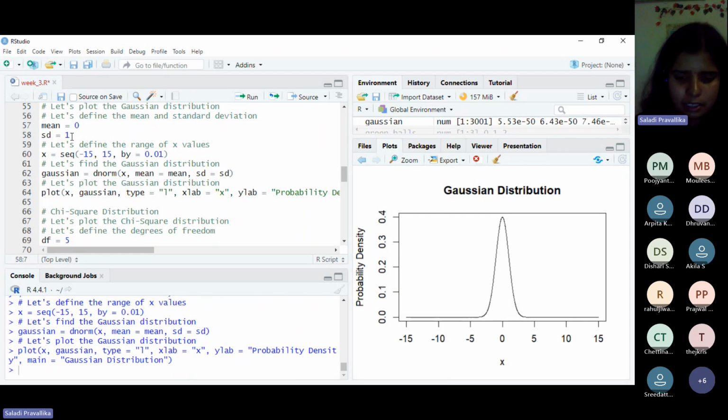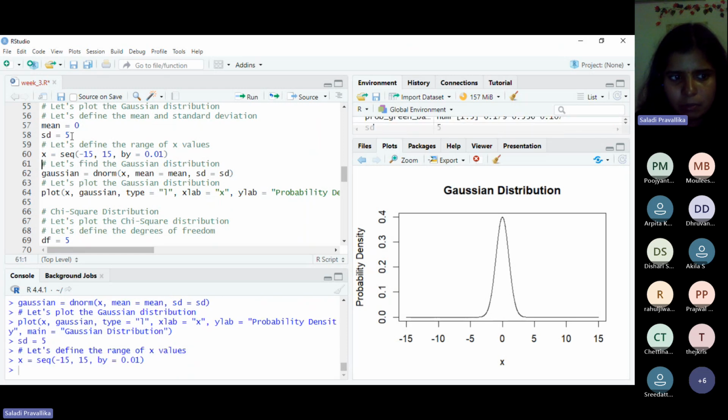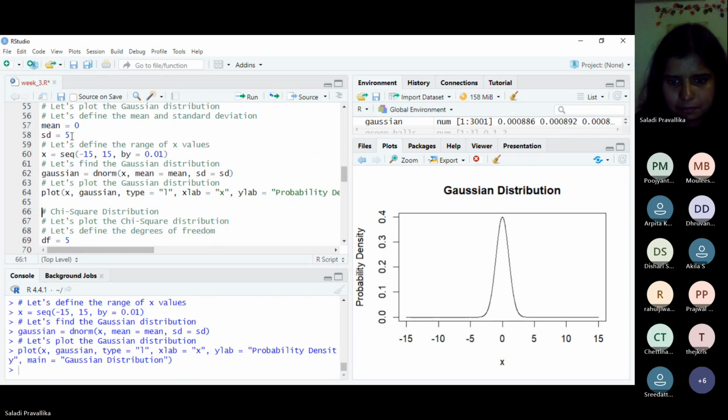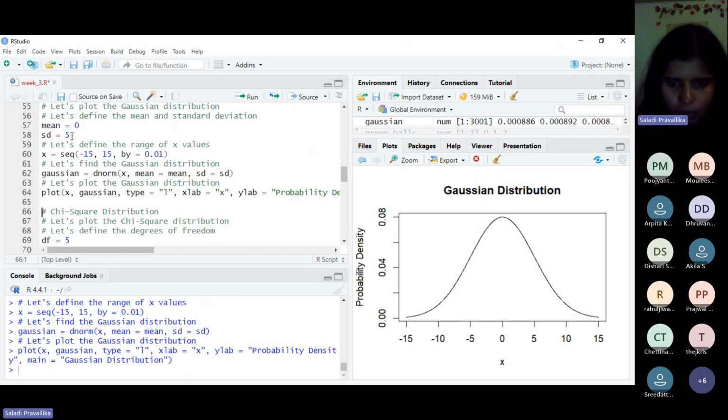Now, if I change the standard deviation to, let us say, 5, then what will happen? What kind of change did you guys see here from before, when standard deviation is equal to 1, and now when the standard deviation is equal to 5?